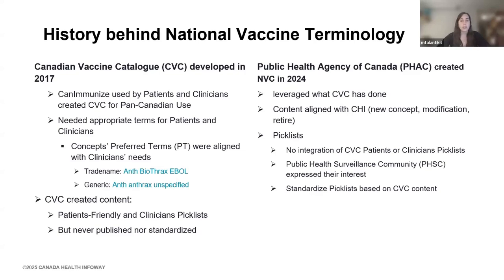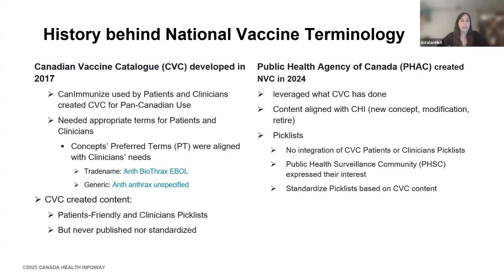So CanImmunize, which is an application used by patient and clinician to track vaccination, decided to create the Canadian Vaccine Catalog. So CVC aggregates data from different sources, and it included information such as the SNOMED CT content that is developed and maintained by Infoway.